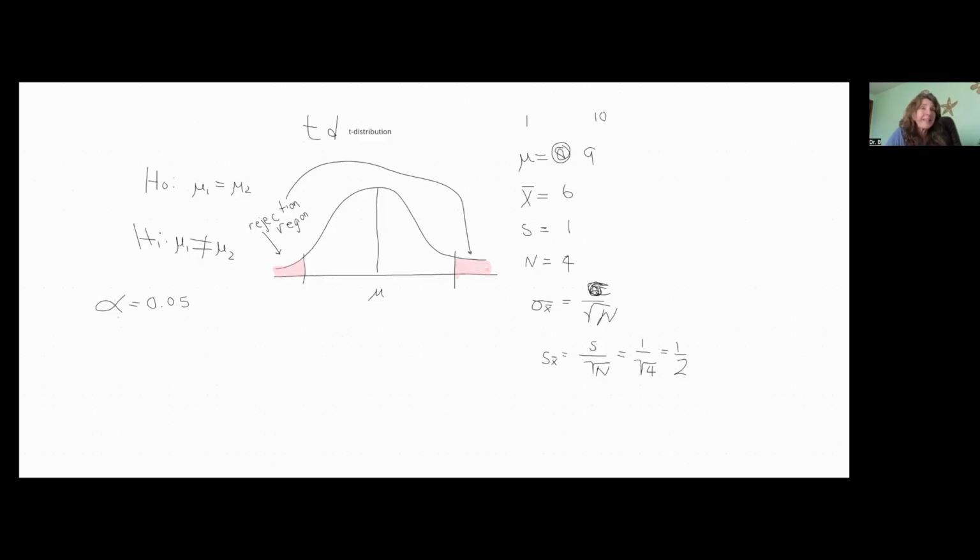0.05. So now there's this other space, and don't let this table get scary to you, but it says DF. DF stands for degrees of freedom. Later on, because we've just covered so much stuff, I'm going to explain what degrees of freedom means, but not today.